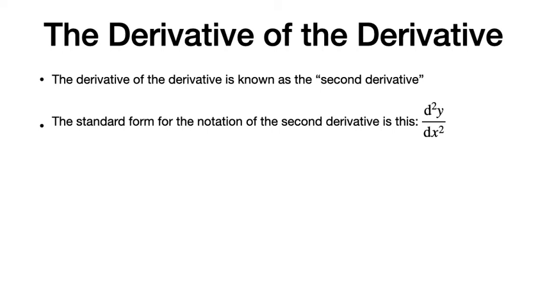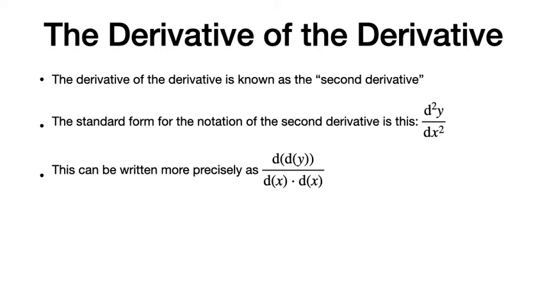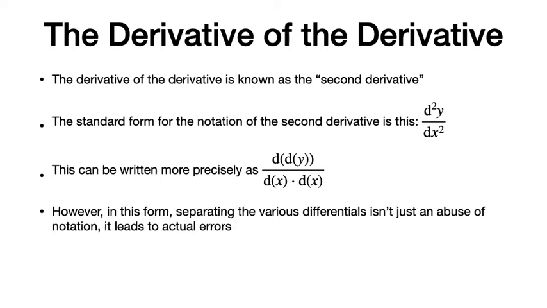The way that you read this is the second differential of y over the first differential of x squared. If you were to write this out more fully, you would say it's the differential of y over the differential of x times the differential of x. So the problem is that in this form, if you separate out the differentials, it's not just an abuse of notation. You actually get values wrong.